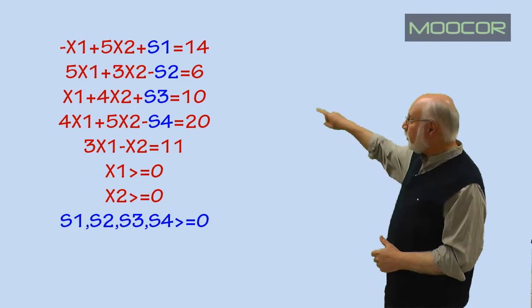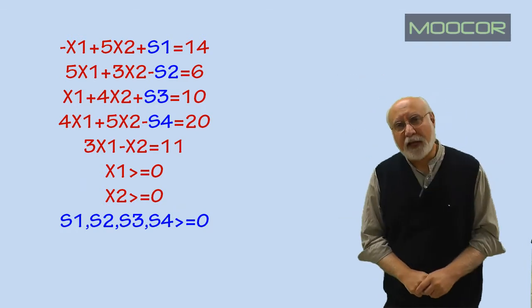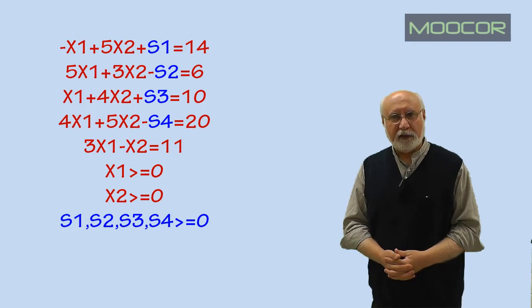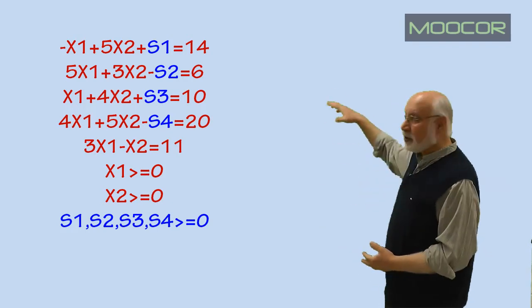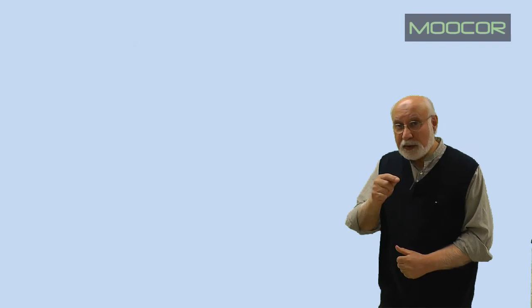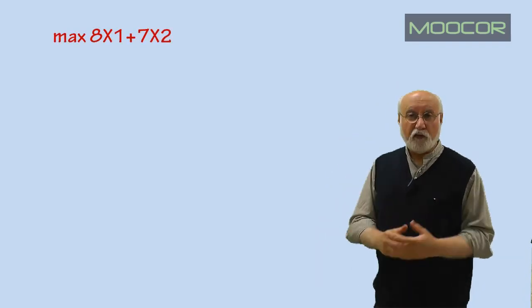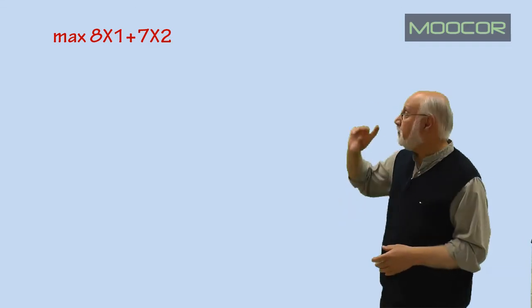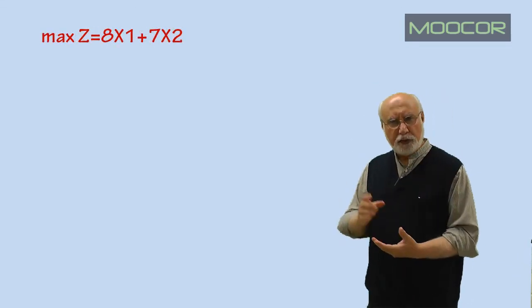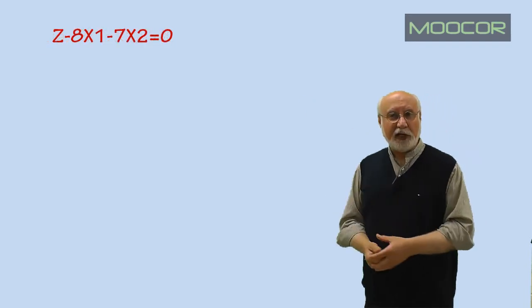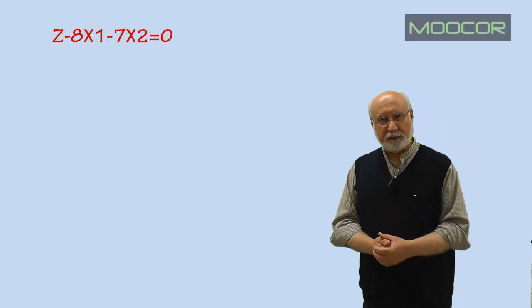When we convert the problem into this format, we have the standard form of the LP. This is for the constraint set. There's also a standard form for the objective function. For the objective function, this is what we do. We are going to call this function z and then move everything to the left-hand side.